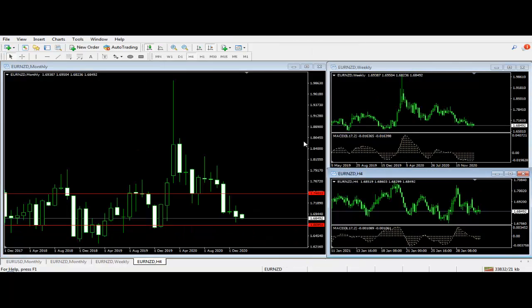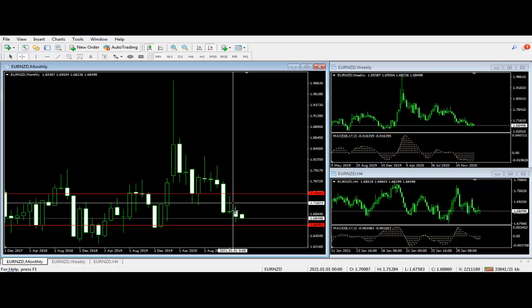The Euro New Zealand is the same thing. The Euro, the Australian and the New Zealand dollar have a positive correlation in terms of their movement, so it's kind of the same thing there. I wouldn't really do anything until the market tells me where it wants to go, whether the level is on hold.